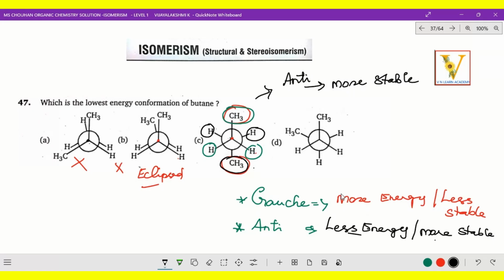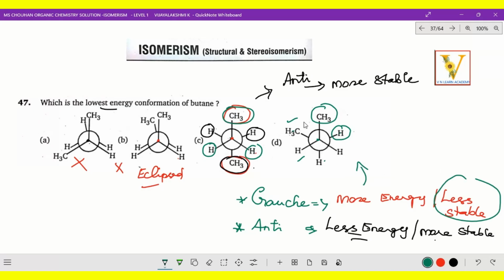So less energy. They are asking which is the lowest energy, that is, less energy. And the next one, here CH3 and the next point also CH3. This is the gauche form. Here the front carbon has CH3, H, H and the back carbon also has CH3, H, H. So this has more energy and is less stable.